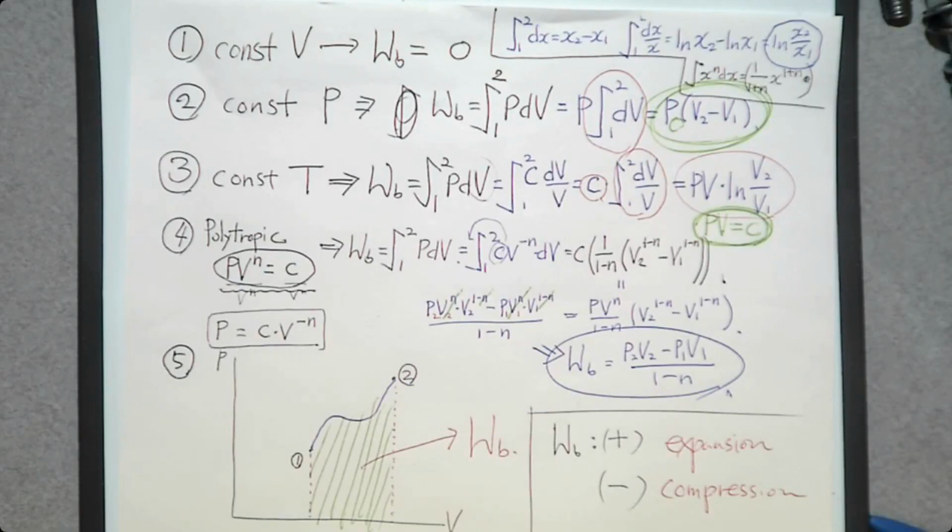The moving boundary work is positive when it is an expansion process, and negative when it is a compression process. So once you determine this area, you need to select which sign should be used depending on whether it is compression or expansion. Based on that, let's solve one problem here.